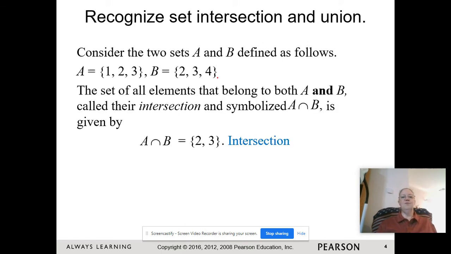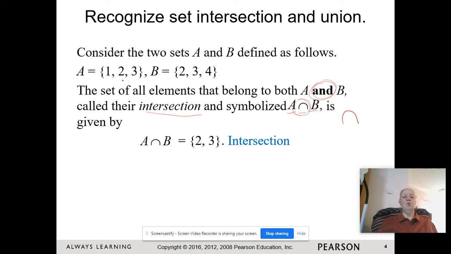And we want to find the elements that are in set A and in set B at the same time. This is called the intersection. The symbol that we use for intersection looks like an upside down U. So we would read this as A intersect B, and it's the overlap.